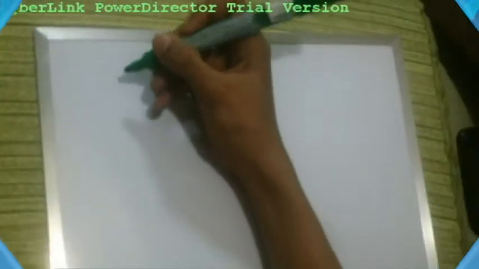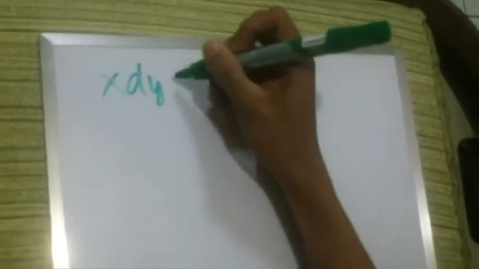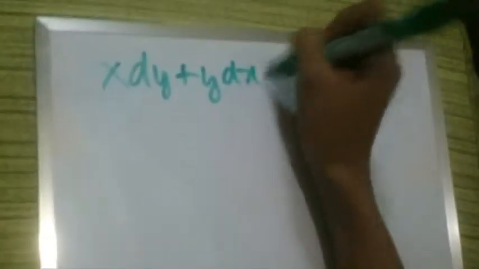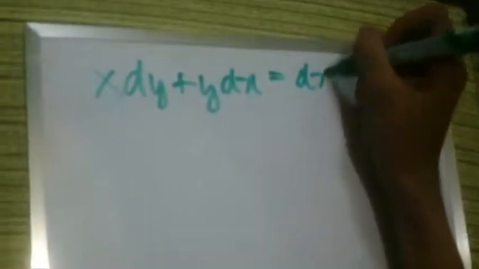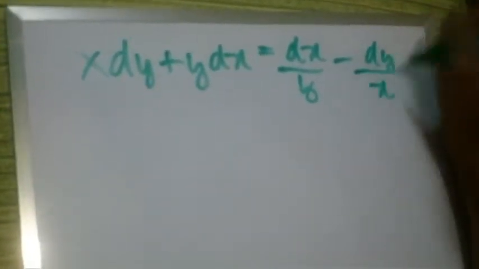We were asked to solve this equation, x dy plus y dx equals dx over y minus dy over x.